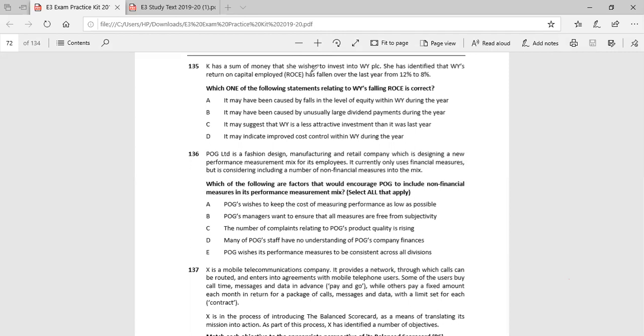E is an option: POG wishes its performance measures to be consistent across all divisions. We're talking about non-financial measures in its performance measurement mix.